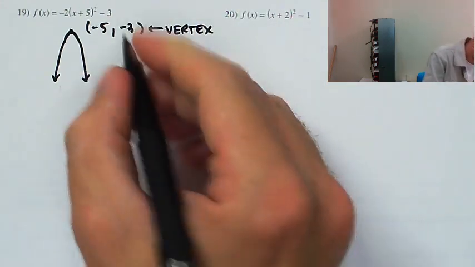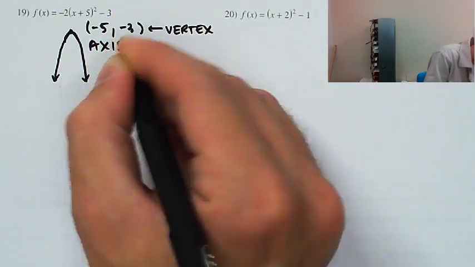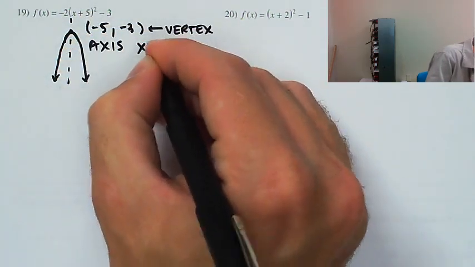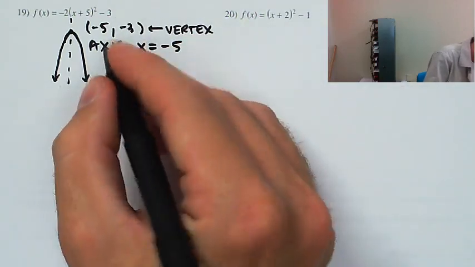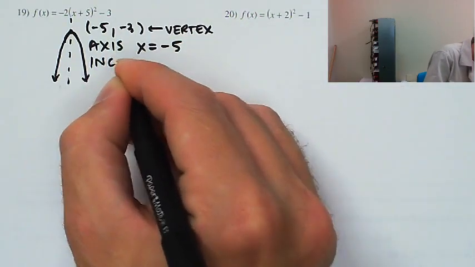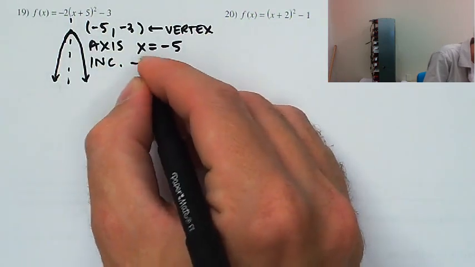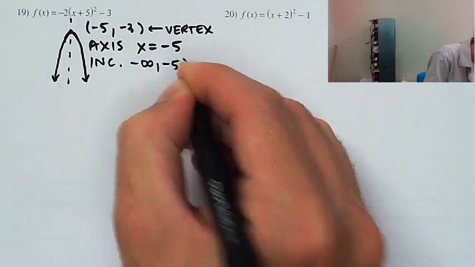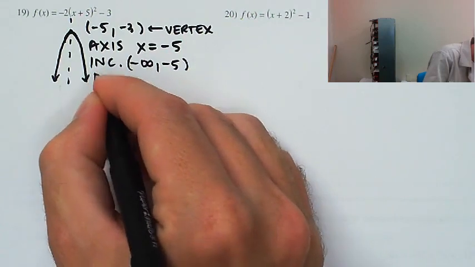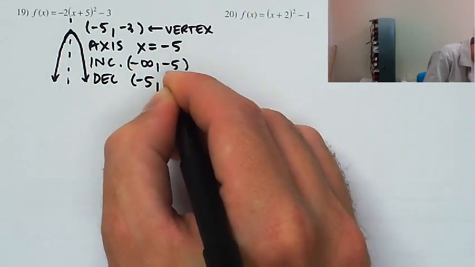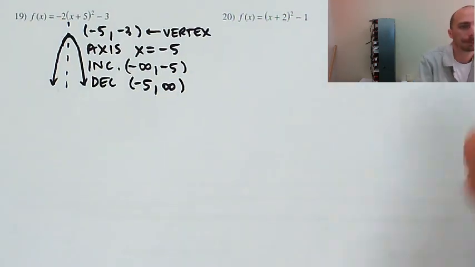Okay, the axis of symmetry is going to be this right here, the set of all points where x is equal to -5. F is increasing up until -5, so I might say that's -infinity up to -5. And it's decreasing when x is greater than -5, -5 to +infinity.